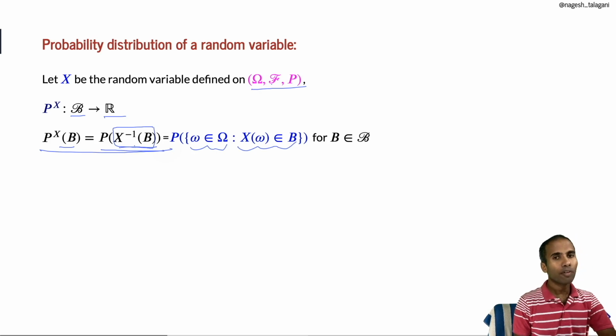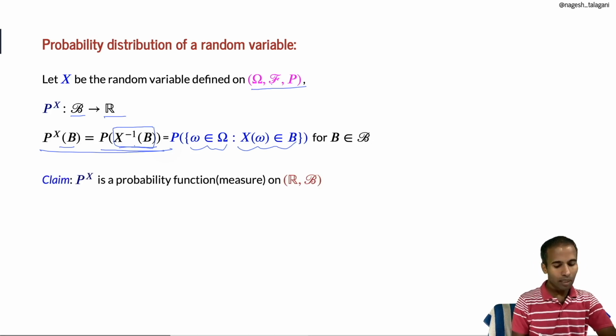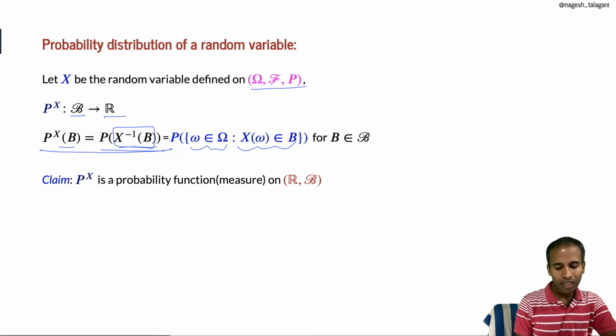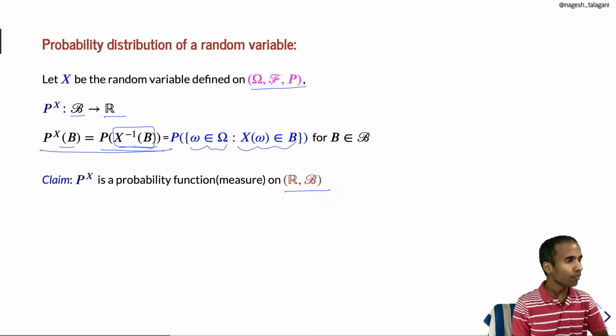Now we are going to verify that this Px satisfies the three axioms of probability. Claim: this Px is a probability measure on this space R, script B. We are going to verify three axioms.